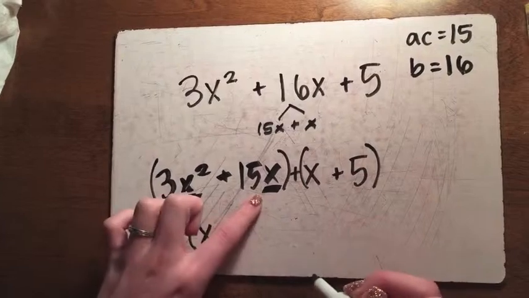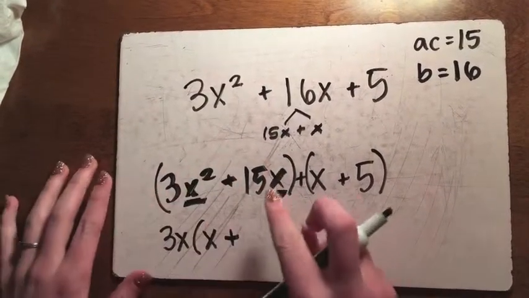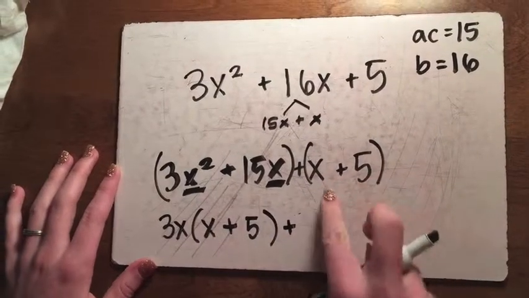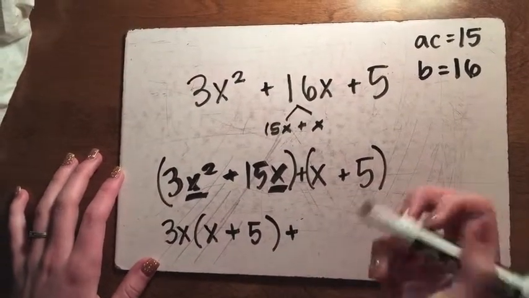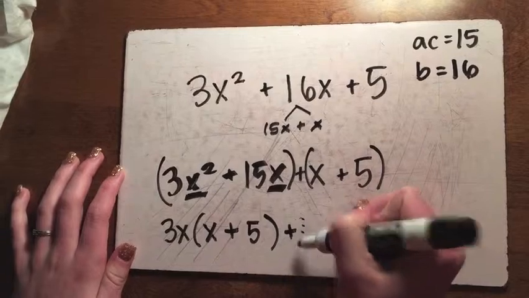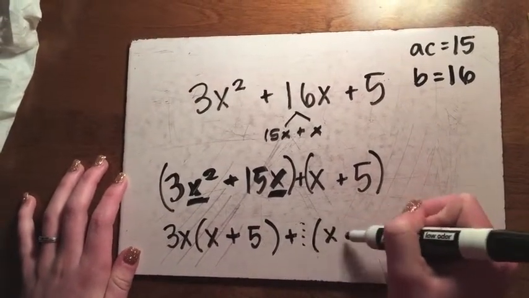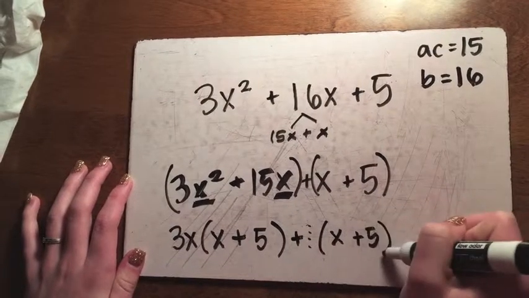And if you take out 3x from here, the x goes away, and you're left with 5. Now the greatest common factor here is 1, so we don't really need to write 1, but there's an imaginary 1 here, and it's also just going to be x plus 5 again.